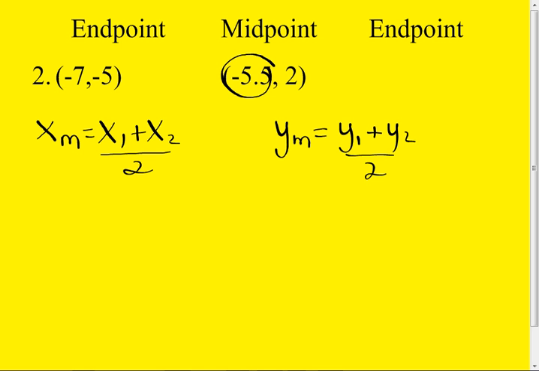Negative 5.5. Equals x1. Oh, I know x1. What's x1? -7 plus x2 over 2. Now, it's got to be relatively close to that. You could do some counting too. That's another thing you could do.